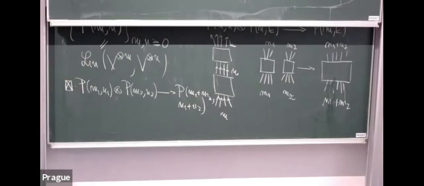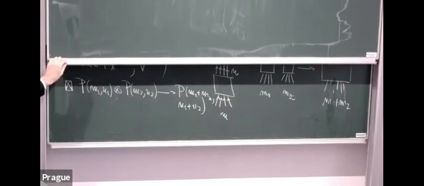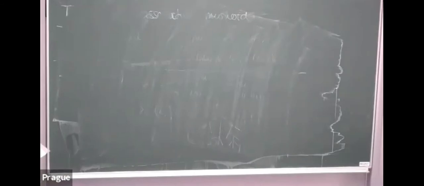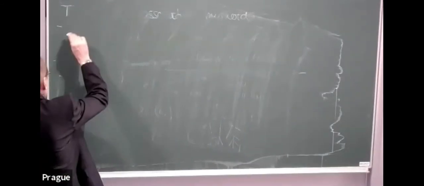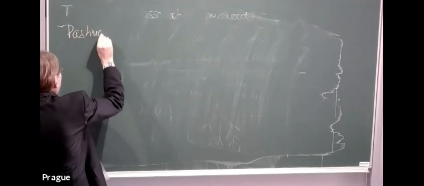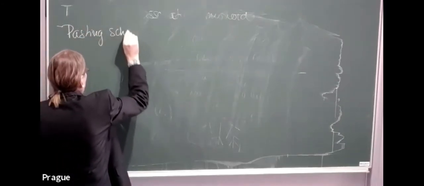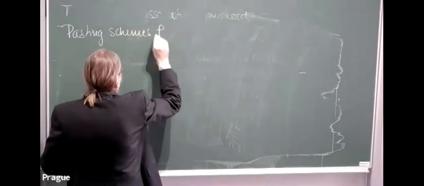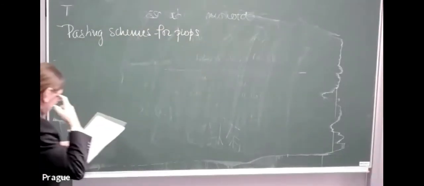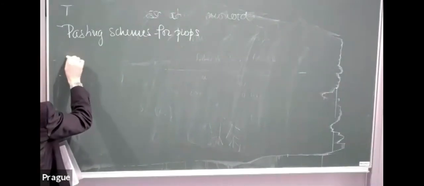So this is the recipe to get the biased definition of props. Notice that I kind of switched the order and I started with the biased definition. So what is the unbiased definition? What is a pasting scheme for props? Pasting schemes are directed graphs.